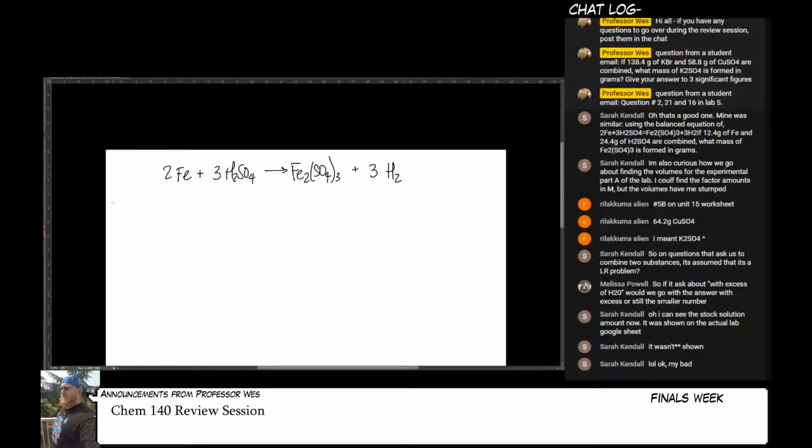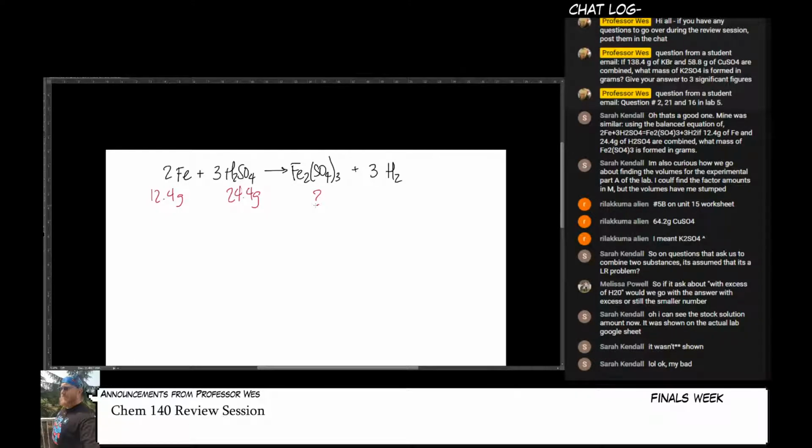Alright, and so we have 12.4 grams of iron. And 24.4 grams of sulfuric acid. We'll just do that. And so what mass is formed here? So we could do that.